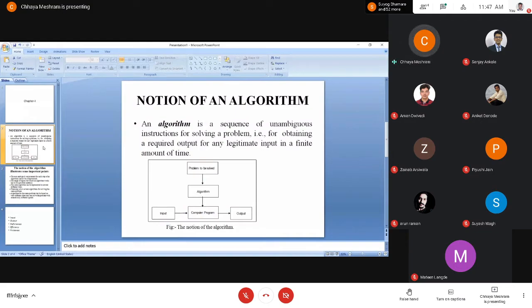So how will my instructions look? First of all, I need two numbers.